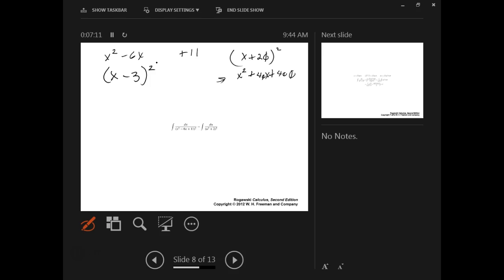Plus 9. Okay, I've just changed the problem. It was the same problem, but I just changed it, didn't I? Can't do that. Okay? Unless I subtract 9. And now it's the same problem again, isn't it?